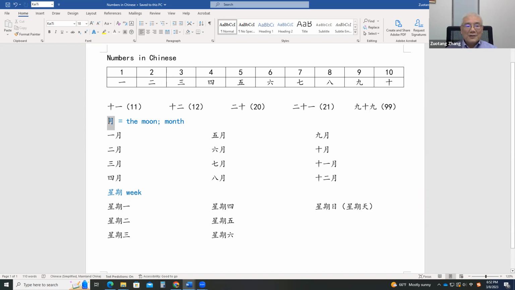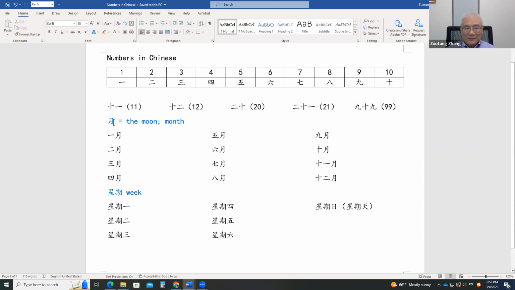After learning these numbers from 1 to 10, you learn another Chinese character, 月, which means the moon. In ancient times, the Chinese people used the moon to determine the month. And therefore, the moon and the months use exactly the same character.